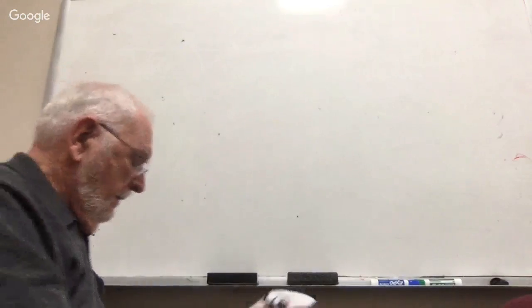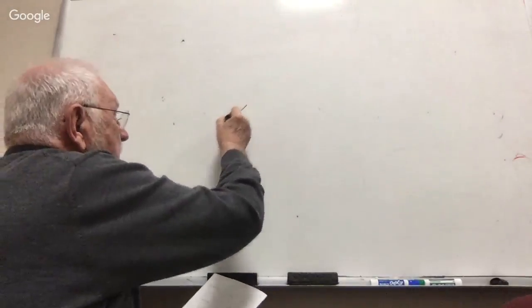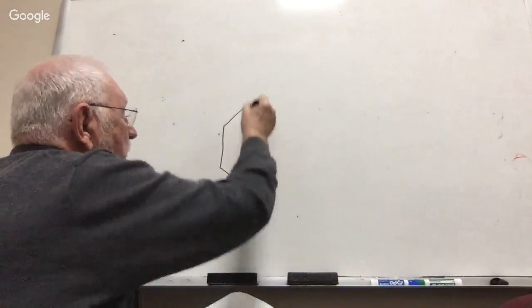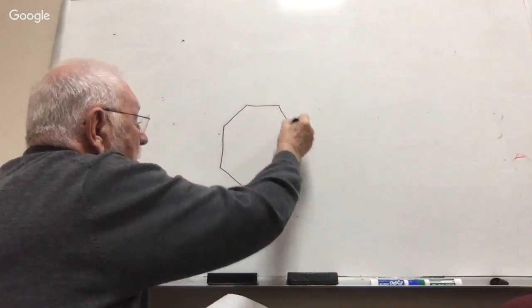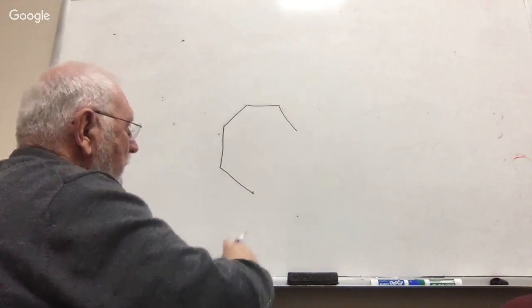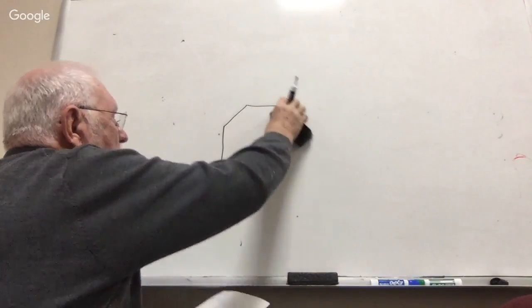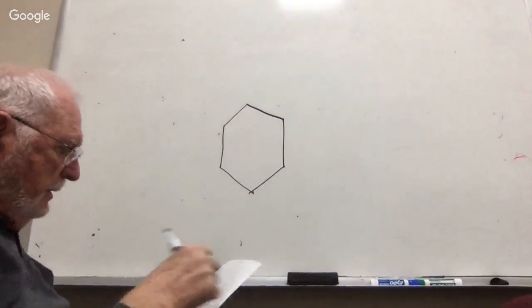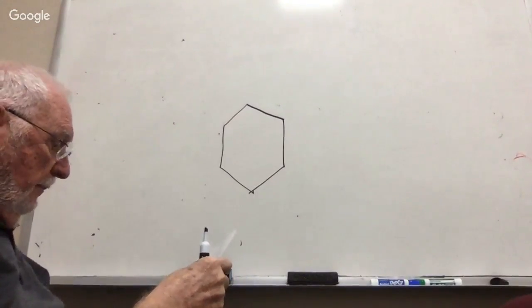Okay. Regular hexagon. It's okay, it doesn't have to be perfect. Regular hexagon, 6 sides, right? Yes.